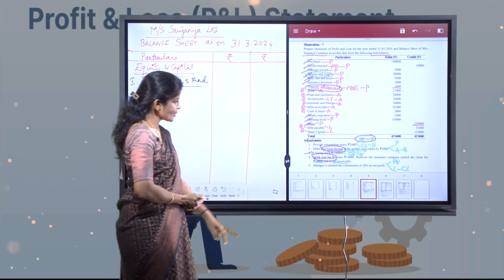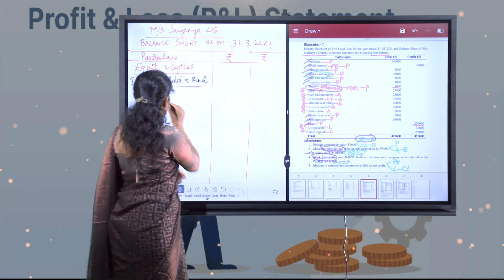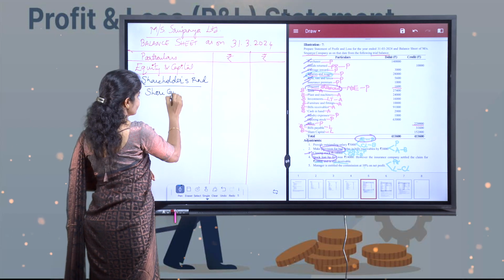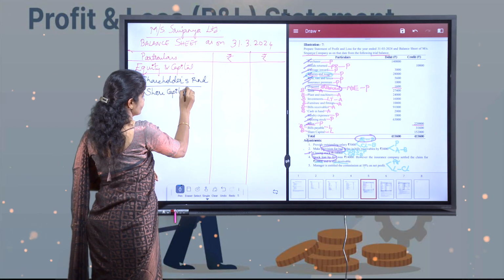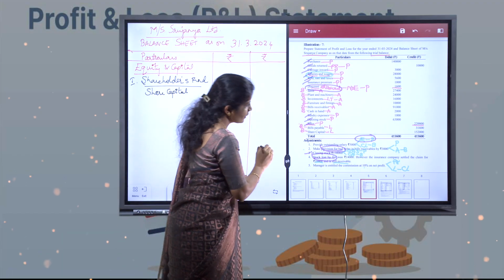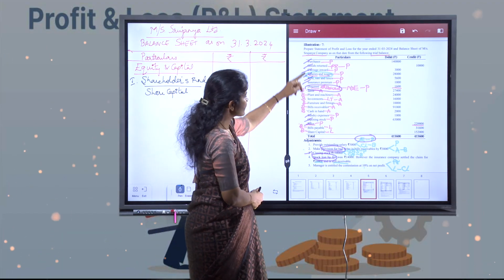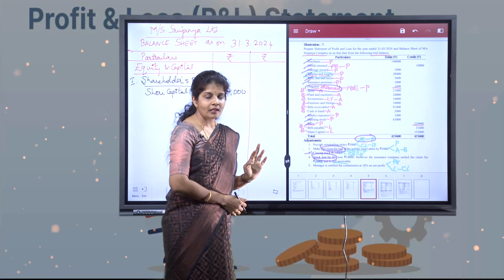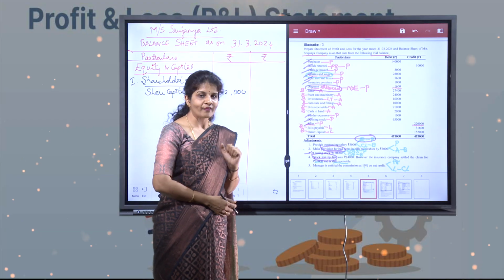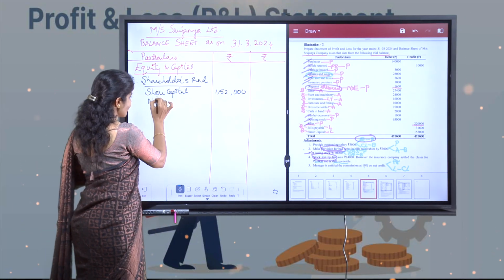What is the amount of share capital? Share capital we have is 1,52,000. Is there any reserves? No information on reserves. Then surplus means the profit, the net profit can be taken here.